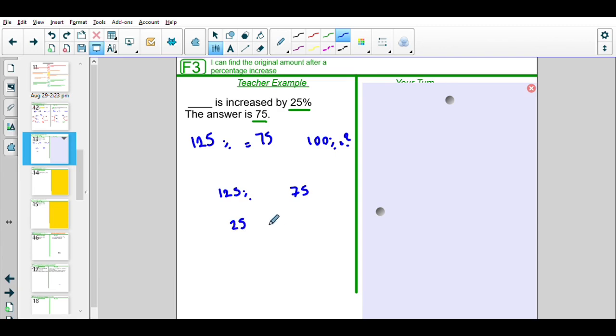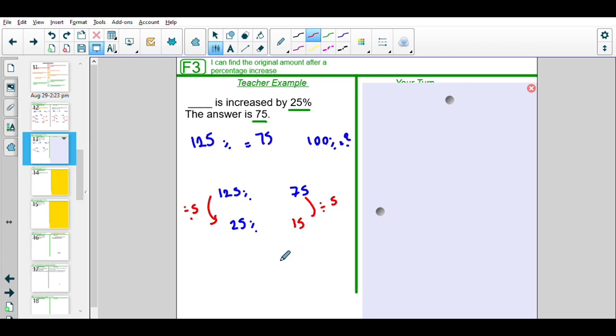So I can divide both sides by 5 to get to 25%. 75 divided by 5 is 15.